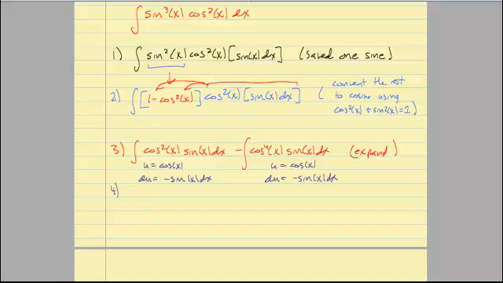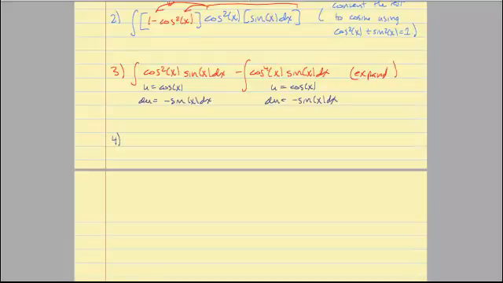Rewriting this, we end up with a u squared, but I don't quite have my du. I need to multiply by a negative on the inside, compensate with a negative on the outside in order for my du to work. So I have negative u squared du for my first one.